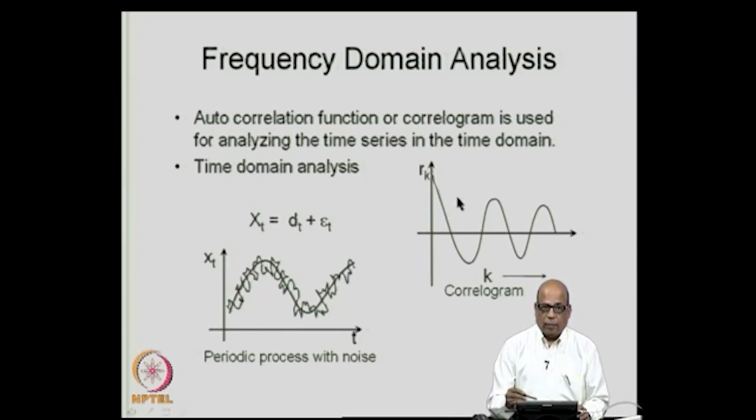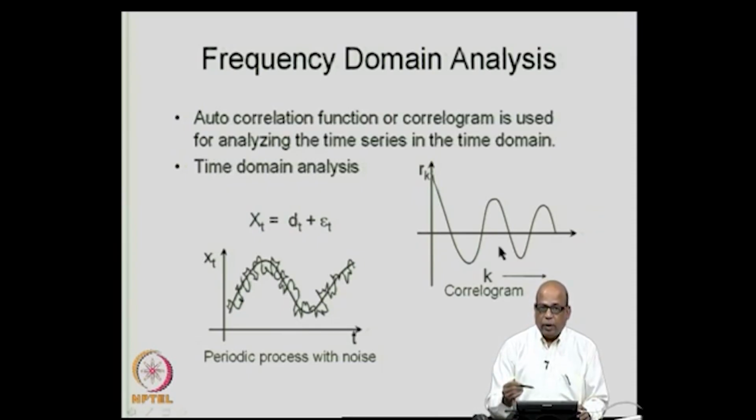The correlogram, as you can see here, if you have a periodic process, will typically look like this. In the time domain, if you plot the correlogram R k versus k or rho k versus k, the periodic process will look like this, where the correlogram is oscillating periodically, and typically it dies down slowly in most hydrologic processes.